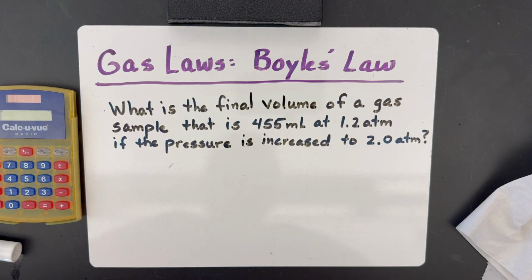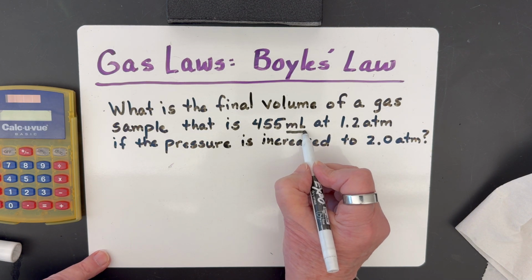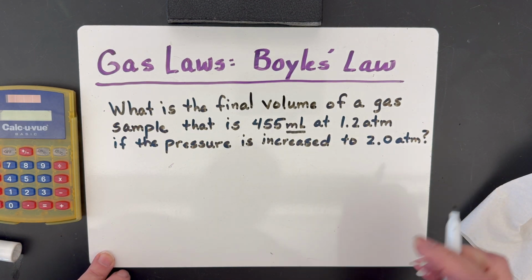Here's the problem that we're going to solve. What is the final volume of a gas sample that is 455 milliliters at 1.2 atm if the pressure is increased to 2.0 atm? So first of all, we know we have pressure and volume variables. So you look at the labels on those to figure out what's what. Milliliters is a volume.